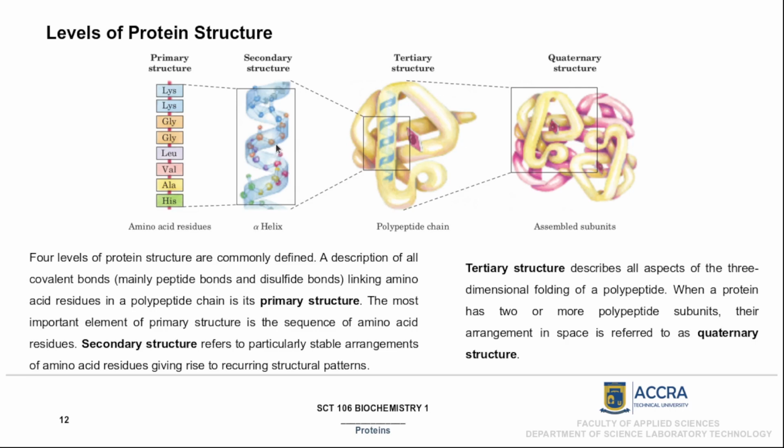Now, the holding of this peptide in a particular structural pattern, this arrangement, gives you the secondary structure in proteins, where you have some amino acids having some hydrogen bonding, or you have disulfide bond holding the structure in this alpha helix form.